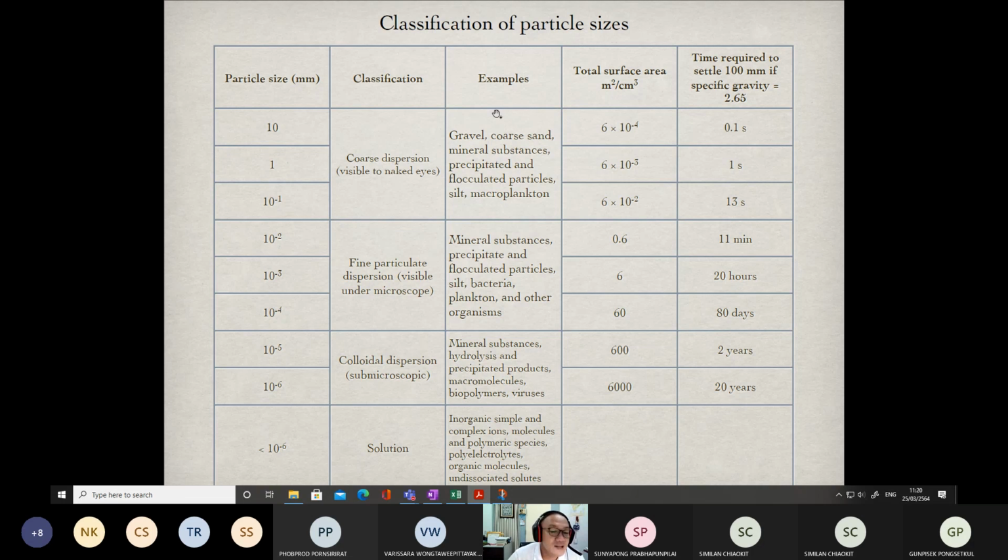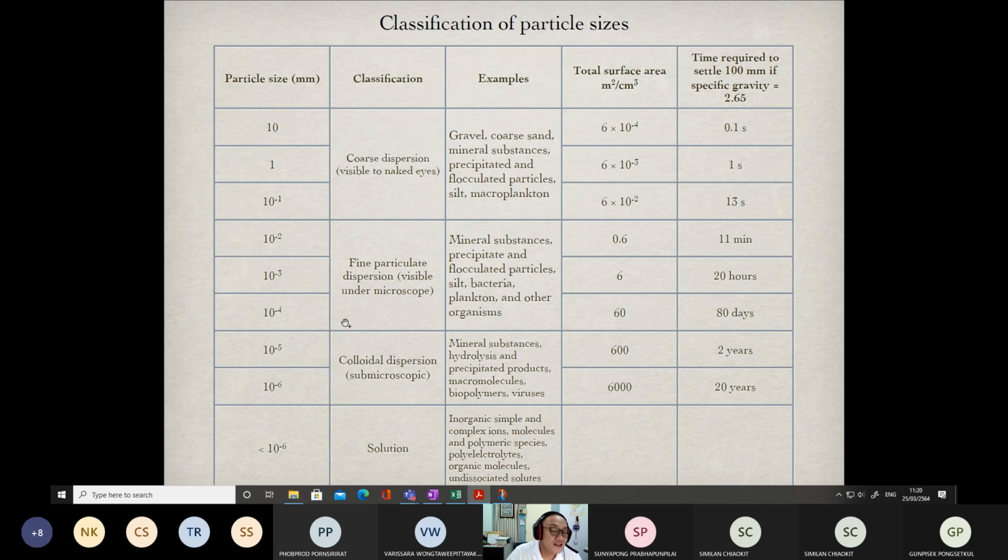So just look at the size. This one is 10 to the power of minus 3 millimeters, or in terms of meters, it could be 10 to the power of minus 6. So these are micro-sized. 10 to the power of minus 6 is the micron.